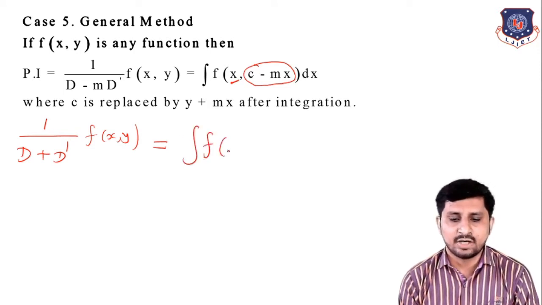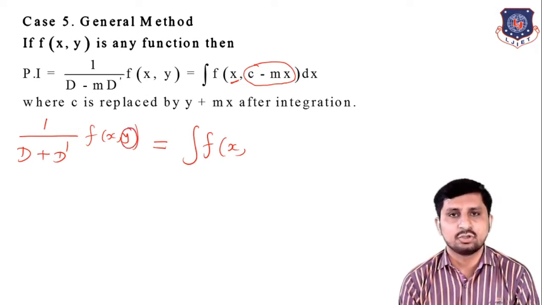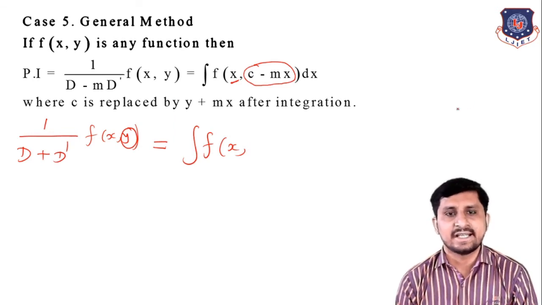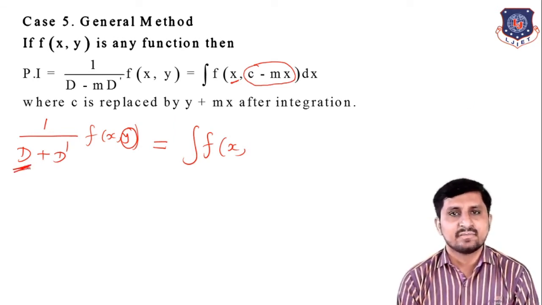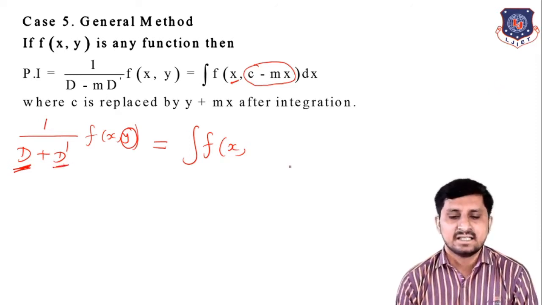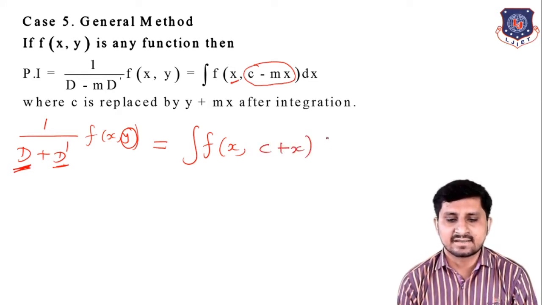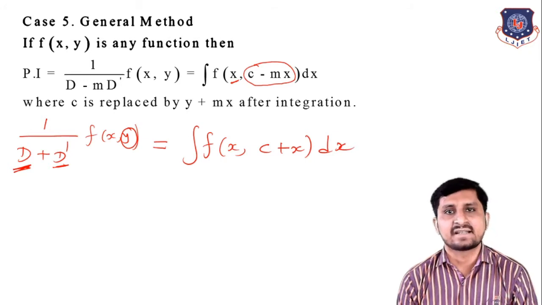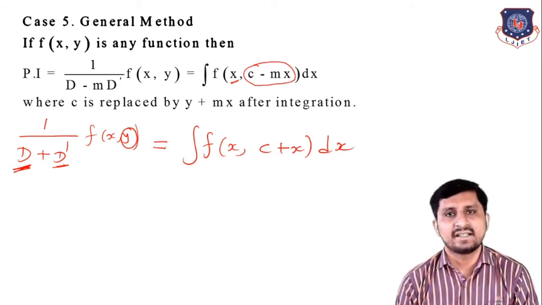Integration of f of x, but instead of y we have to take c minus m x. Just for your understanding, instead of D you take 1, and instead of D dash you take x. So that means c plus x. Simple. I hope you can all understand.